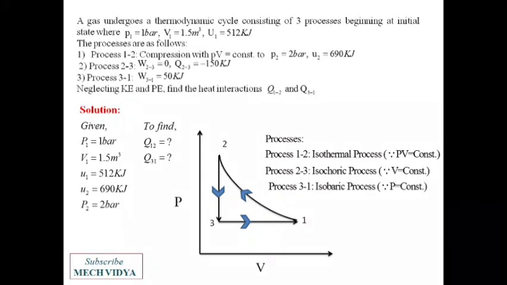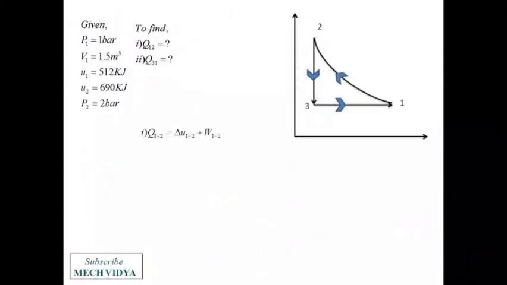Moving forward, we have to find out Q12. Applying the first law of thermodynamics, I can write Q12 is equal to del U12 plus W12 for the process 1 to 2. Let it be equation number 1. Work done during this process, since it is an isentropic compression process, is given by P1 V1 ln P1 by P2.